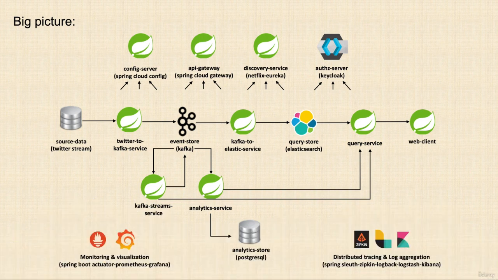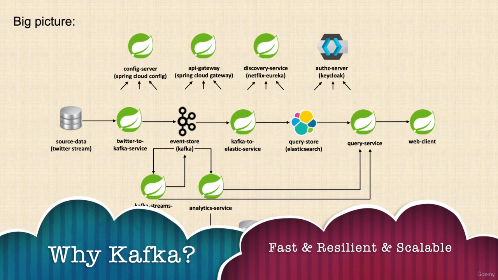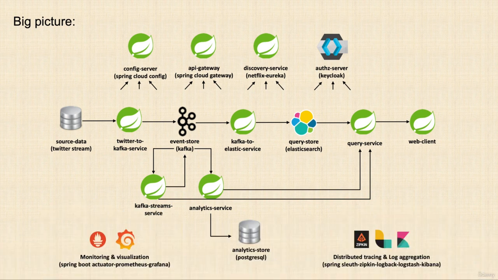To store the events, I chose Kafka in this course, as I mentioned, because Kafka works really well with streams of data, and actually, that was another reason for choosing Twitter streaming as the source of data. Kafka holds the events in immutable formats and provides a fast, resilient, and scalable solution. If you have a big amount of data, and especially if you are streaming data infinitely, as in the Twitter streaming, Kafka will provide a faster and more resilient solution when compared with other solutions like RabbitMQ.